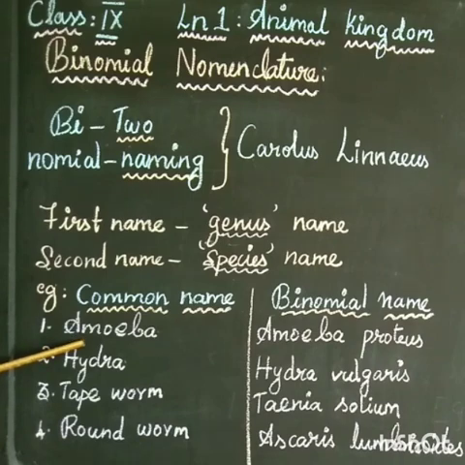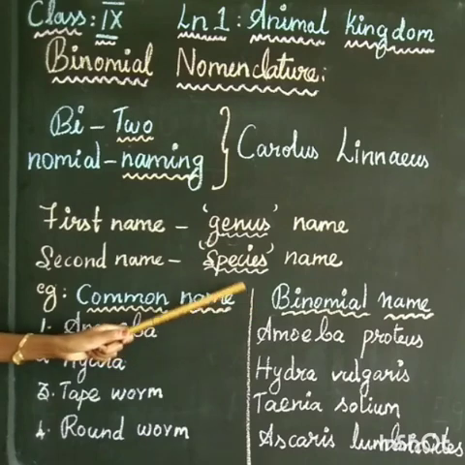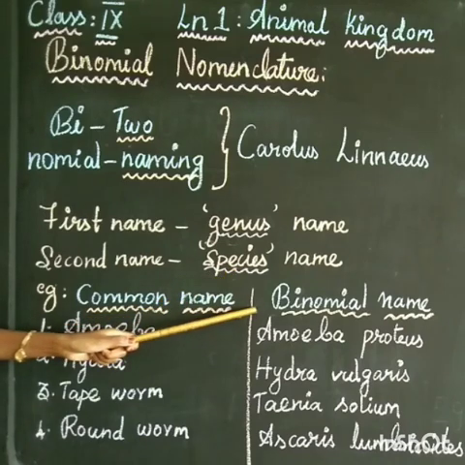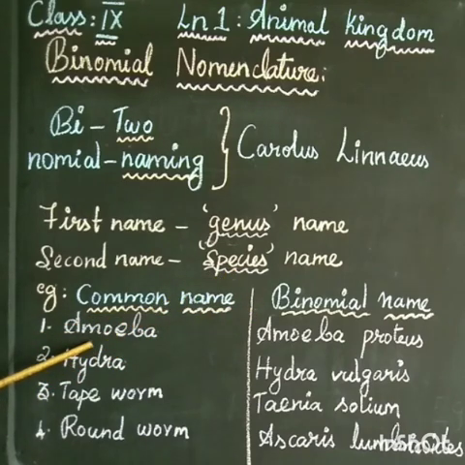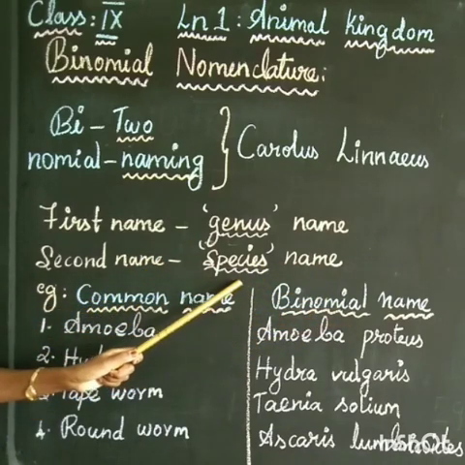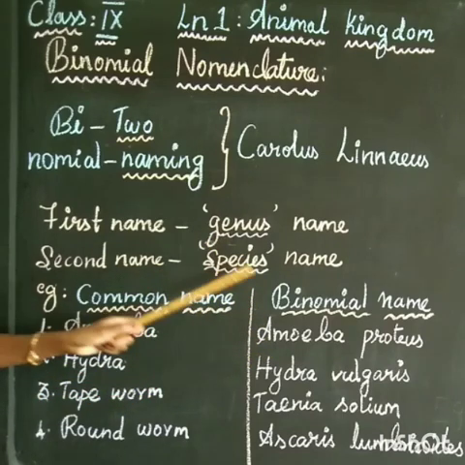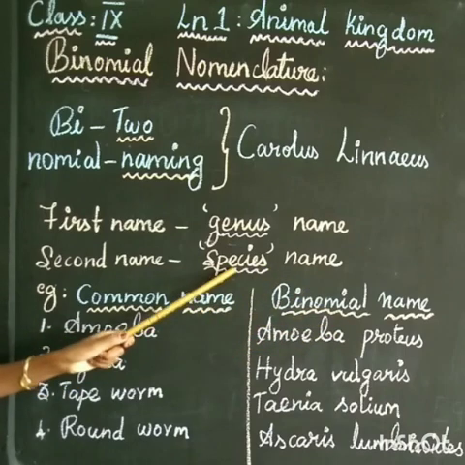Binomial means it has a first name, the genus name, and a second name, the species name. For amoeba, Amoeba is the genus name and proteus is the species name.